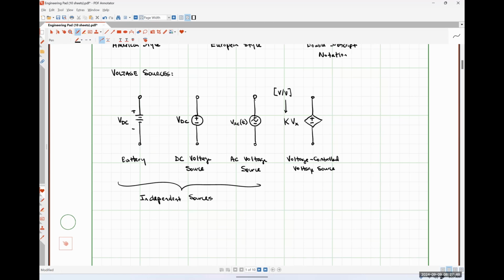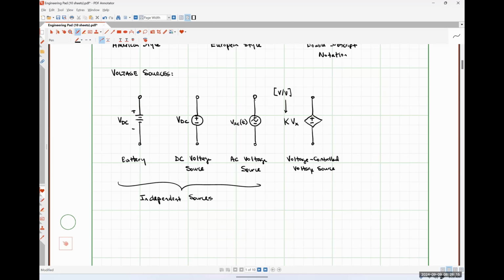So in a voltage-controlled voltage source, the amount of voltage that is provided by this device depends on some voltage Vx located elsewhere in the circuit. And then that voltage Vx is scaled by some particular factor. So if Vx is 2 volts and the scaling factor is 3, then this guy provides 6 volts.